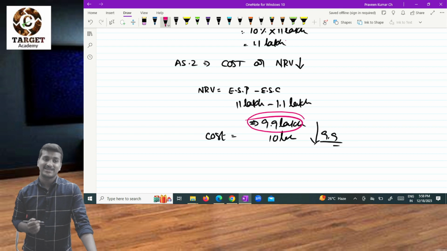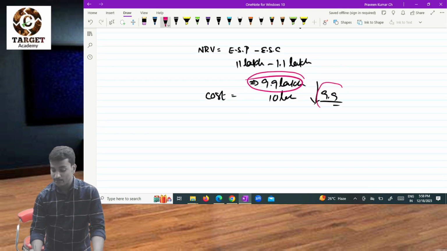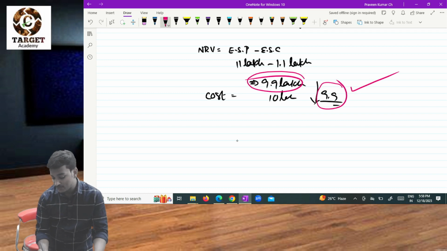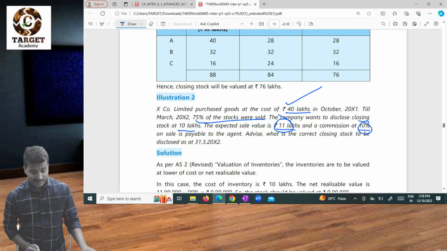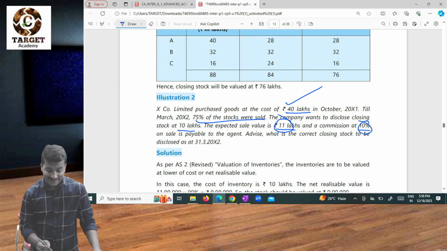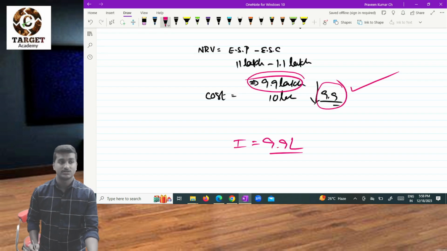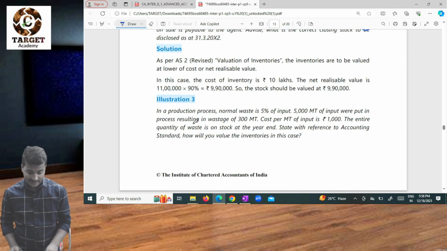So cost is 10 lakh, NRV is 9.9 lakh, whichever is lower, 9.9. So you should record your inventory at 9.9 lakh, but they want to record it at 10 lakh. That is completely wrong. We should record it at 9.9 lakhs.